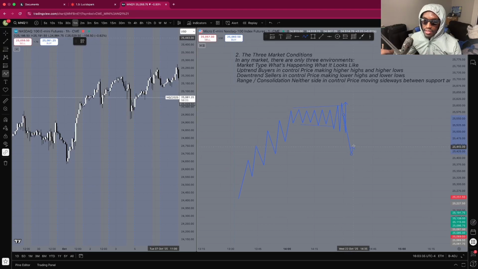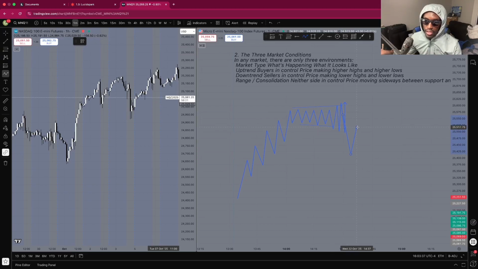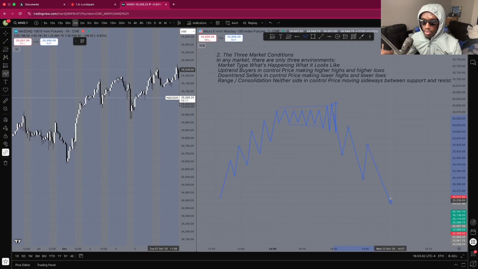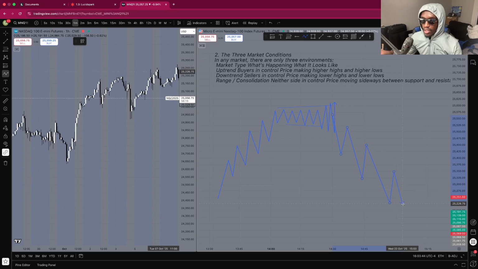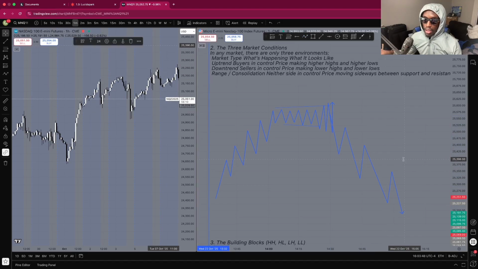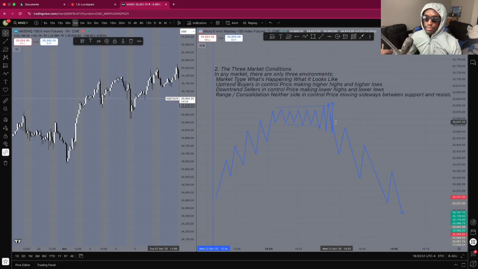So boom, we have that consolidation, and then we break structure to the downside. After we break structure, lower high, lower low. Now the downtrend's confirmed, and now we'll just trade this trend to the downside until we have a consolidation and then a confirmation to the other direction.